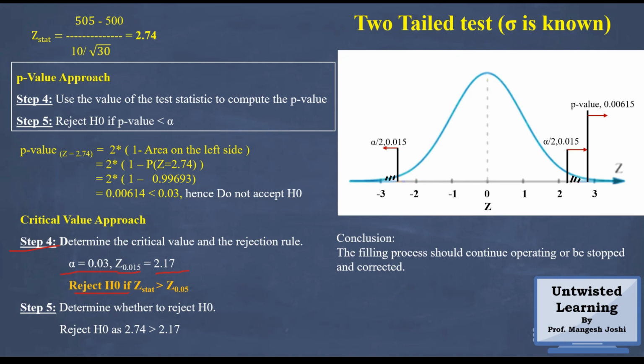Since 2.74 is greater than 2.17, you have to reject H0. What can you conclude from this: should the filling process continue operating or be stopped and corrected? You are rejecting the null hypothesis, meaning the mean is not equal to 500, and hence it is to be stopped and corrected is the right answer.